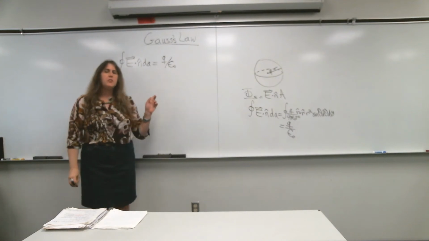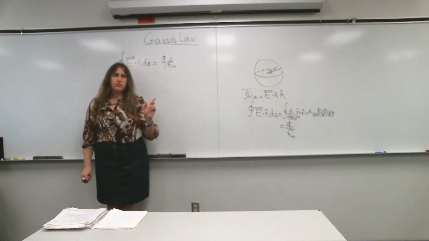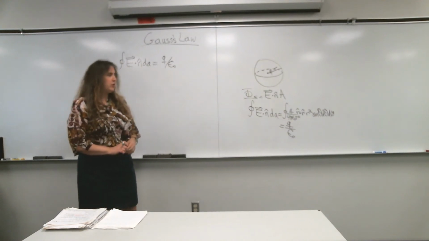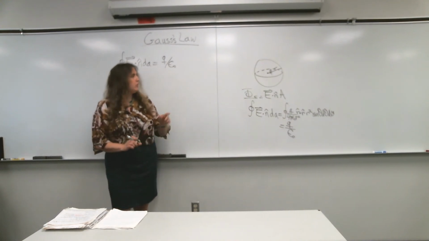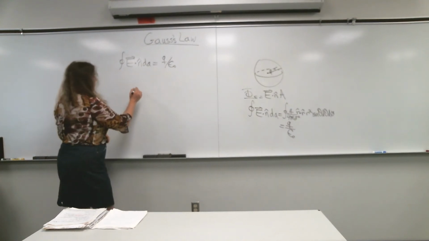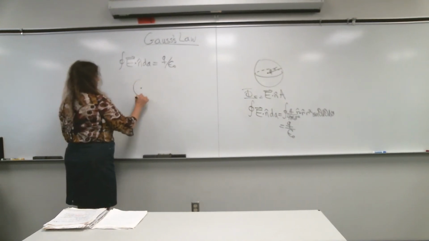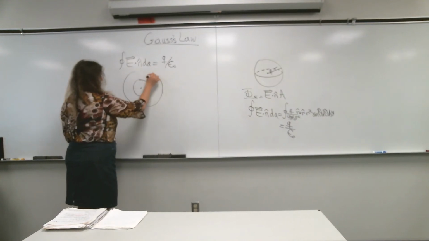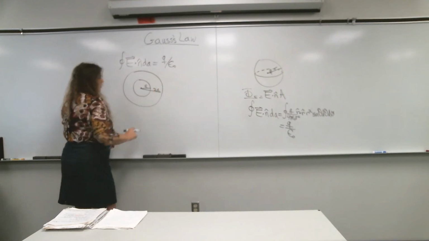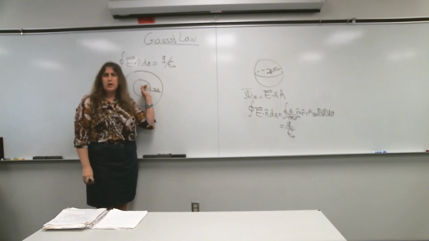As it turns out, this holds not just for spherical surfaces, but for any surface. And it holds for any size surface as well. So let's consider two spheres that are concentric with each other. The first sphere has radius r.